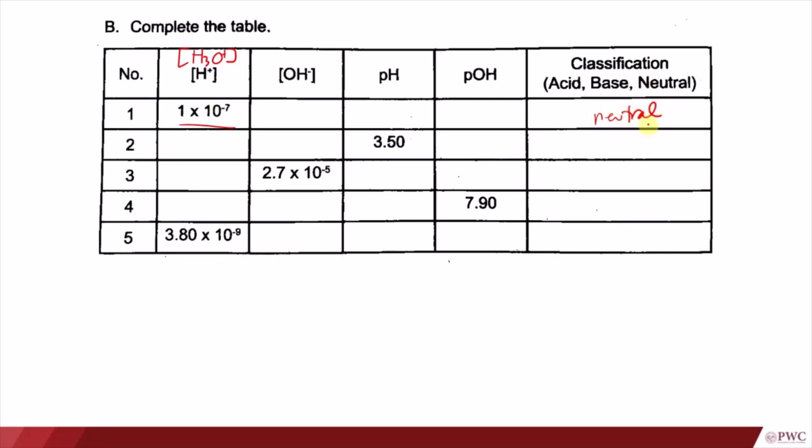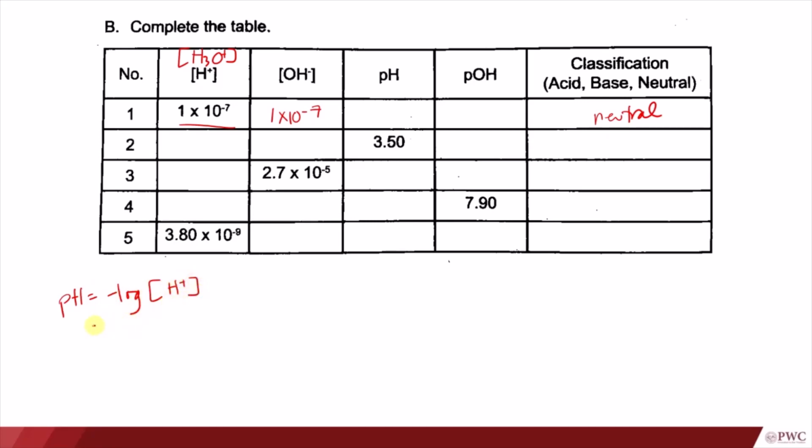And of course, in a neutral substance, the concentration of H plus is equal to the concentration of OH minus. So we also have 1 times 10 to the power of negative 7. Let's determine the pH of this one. Of course, the pH is equal to the negative log of the concentration of H plus.